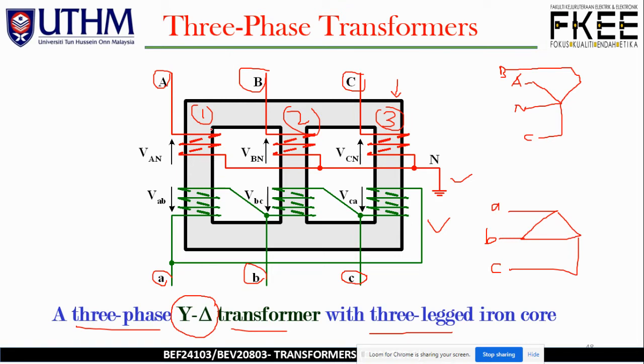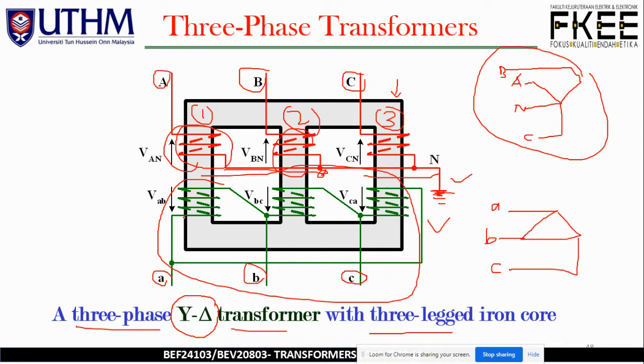In the configuration of the winding itself, these three have a common point over here and are grounded, and this makes the star configuration. Meanwhile, we have the green color of winding over here, the A, B, and C coil, and if we redraw the configuration, it gives a delta form over here.